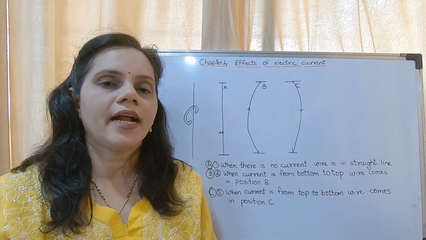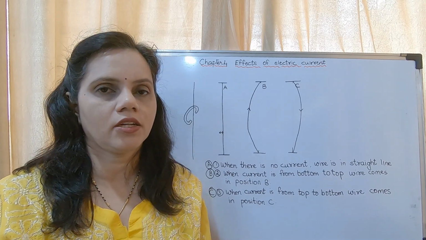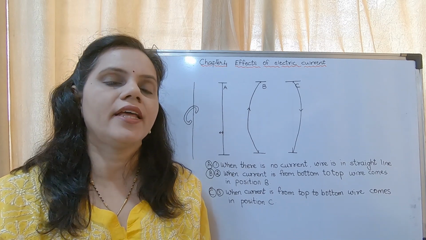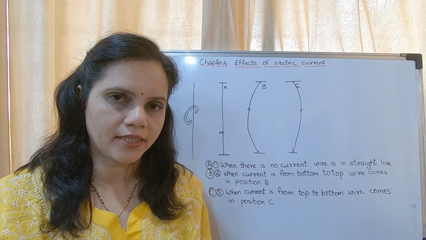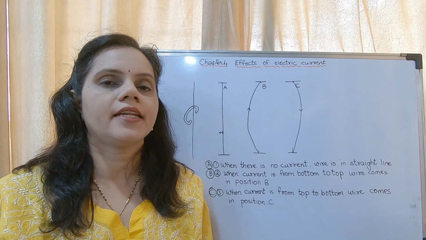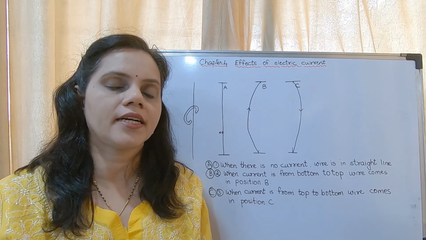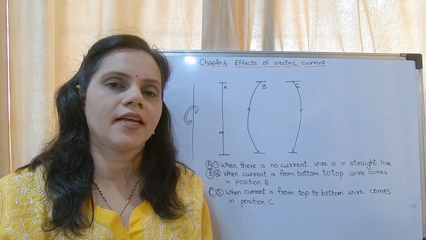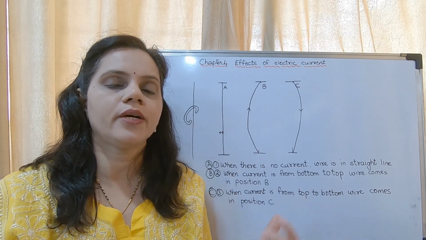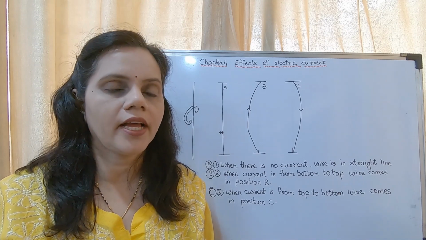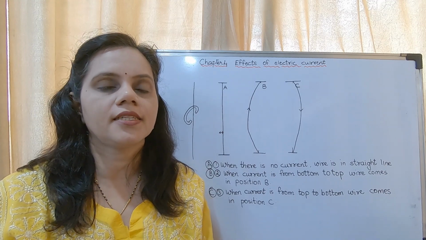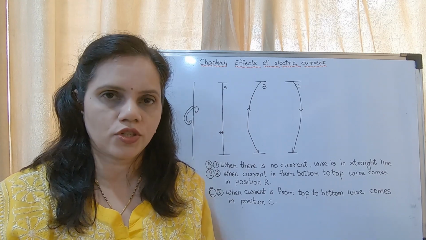So this experiment is to show that when a current is passing through the conductor, which is placed in a magnetic field, then the conductor is influenced by the current and the magnetic field, and it will change its position. It experiences a force.